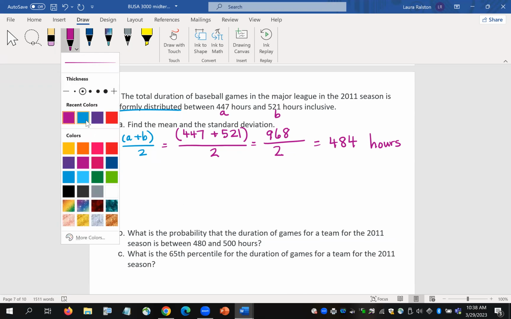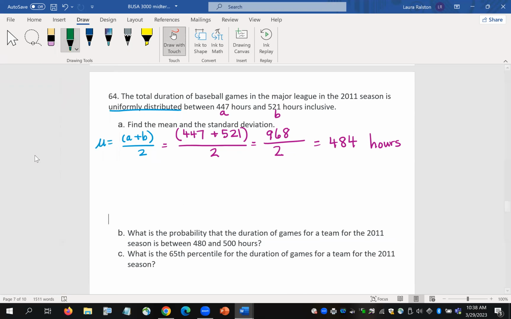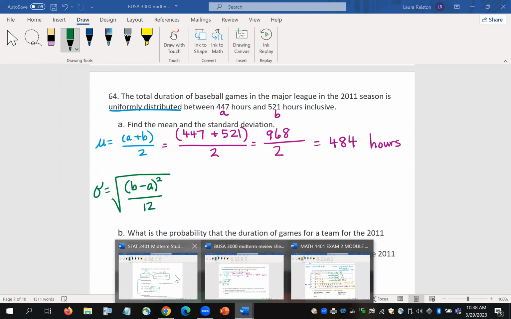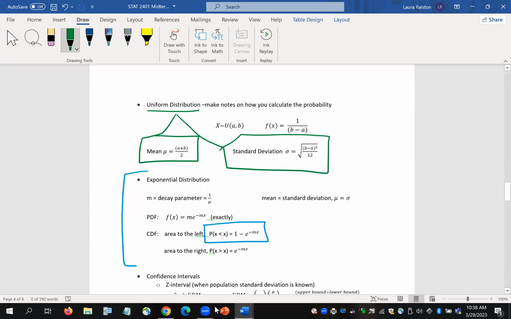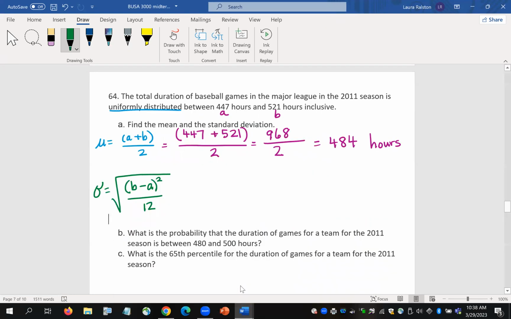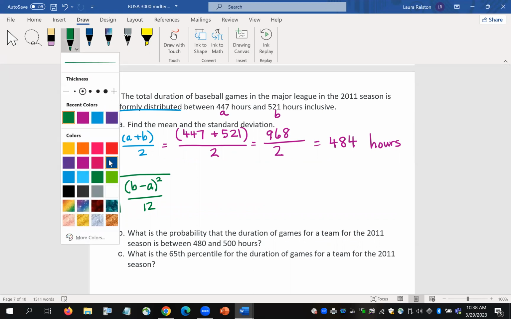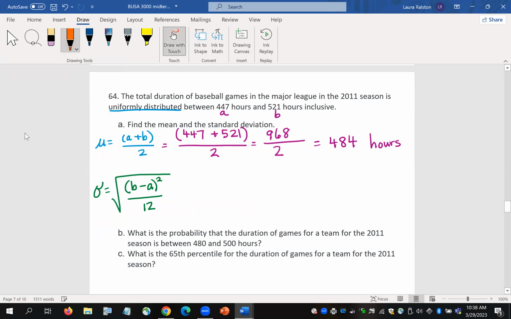The formula for the standard deviation is the square root of b minus a squared divided by 12, I think. Let me double check. Yep, I was right. Again, it's a plug and chug. Okay, so I'm going to take the numbers, plug them in.